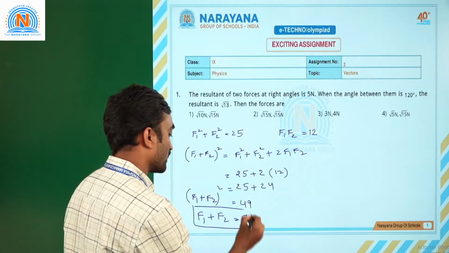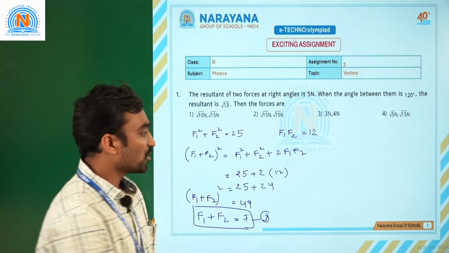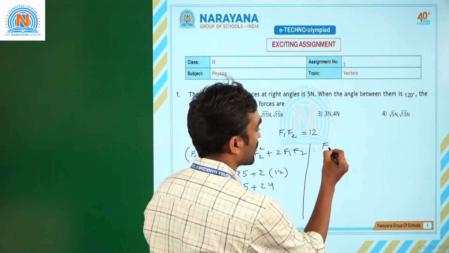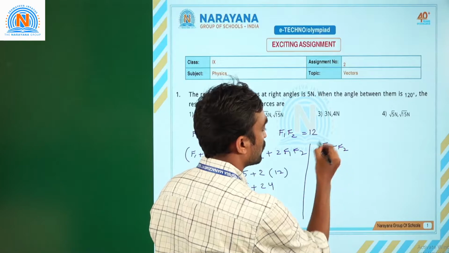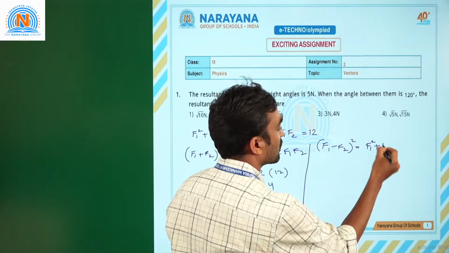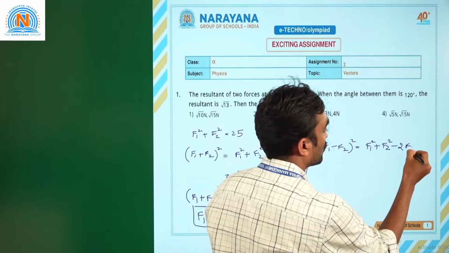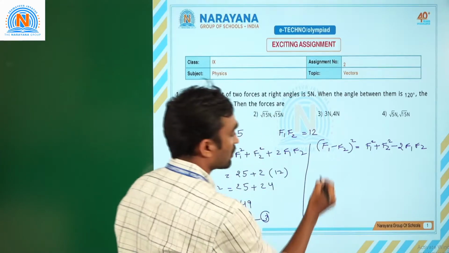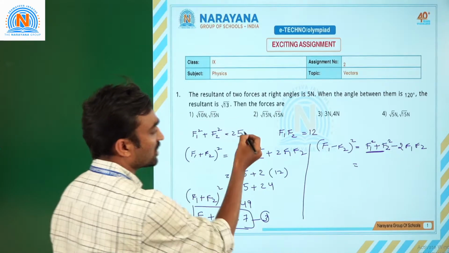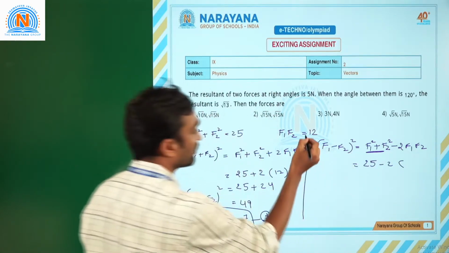So this is one more equation we got. Say this is number 3. Now I am going to take another formula, that is F1 minus F2 whole square. So F1 minus F2 whole square equal to F1 square plus F2 square minus 2 F1 F2. What is the value of this F1 square plus F2 square? That is 25 minus 2 times, what is the value of F1 F2?